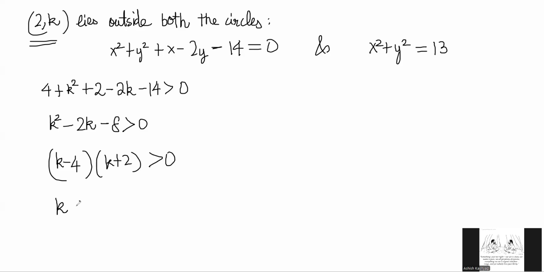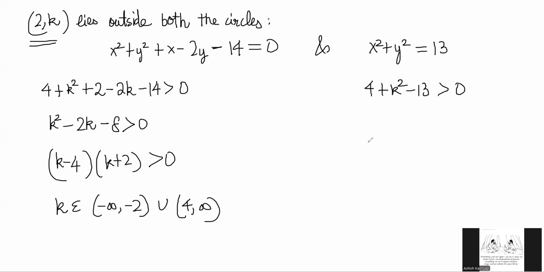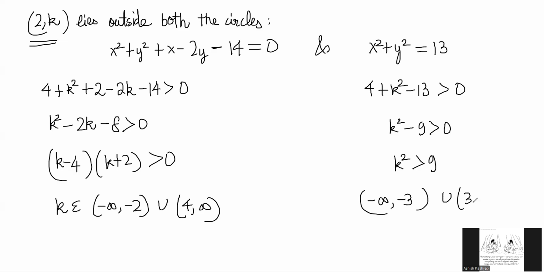So from here we are getting k belongs to minus infinity to minus 2 union 4 to infinity, right? And from the other circle, with (2, k), 4 plus k square minus 13 is greater than 0. So k square minus 9 is greater than 0 and k square is greater than 9. So k belongs to minus infinity to minus 3 union 3 to infinity here.